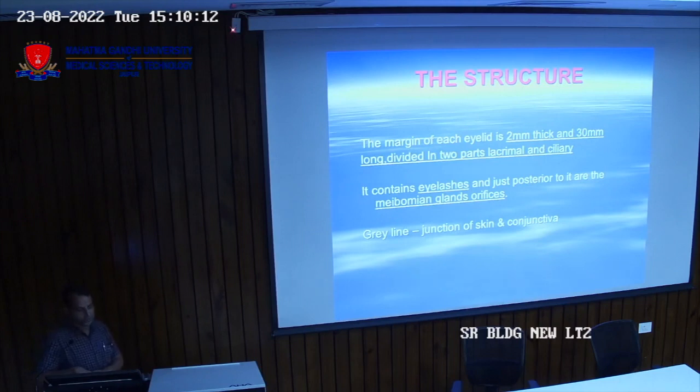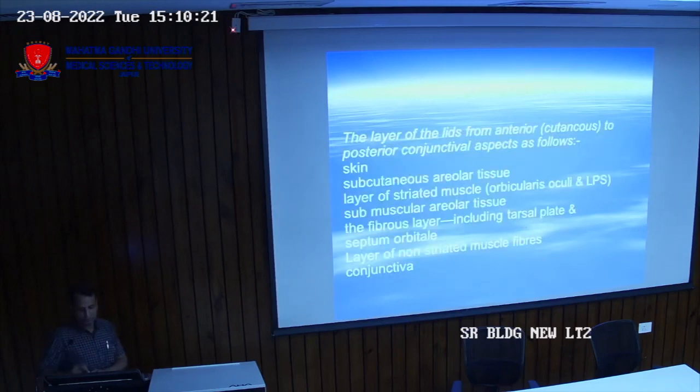So the grey line is the junction of skin and conjunctiva. It has surgical importance when we are doing eyelid surgery. Then we come to the layers of the eyelids from anterior to posterior. Anterior means skin side and posterior means conjunctival side.